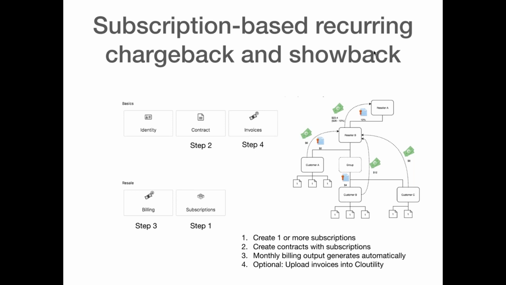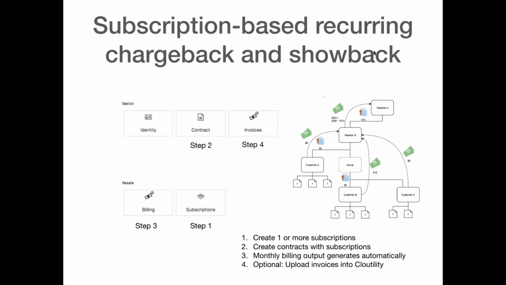So these service providers would typically make maybe a 20 gigabyte subscription or a 50 gigabyte subscription for the small customers with a fixed monthly price, and maybe they charge them 3 or 6 or 12 months ahead. So now you have a subscription that can be used for all your small customers.